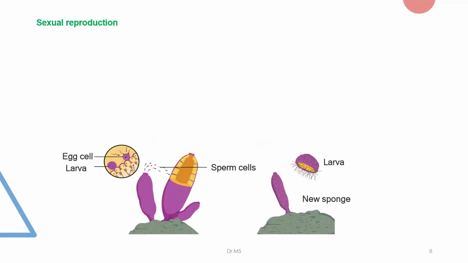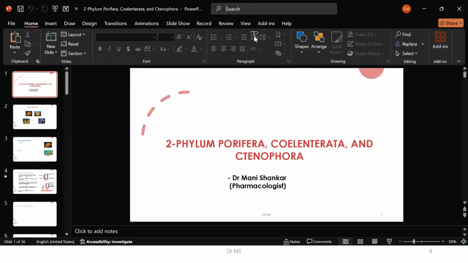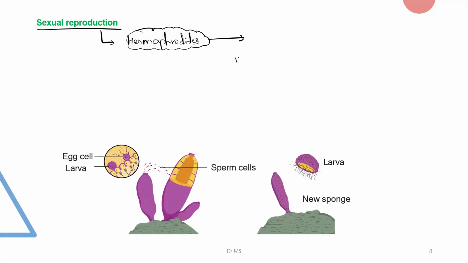And they also show sexual reproduction. When you see sexual reproduction, we need to see whether they are unisexual organisms or bisexual organisms. These organisms are hermaphrodites. What is the meaning of hermaphrodites? Hermaphrodite means both sexes are present in the same individual.